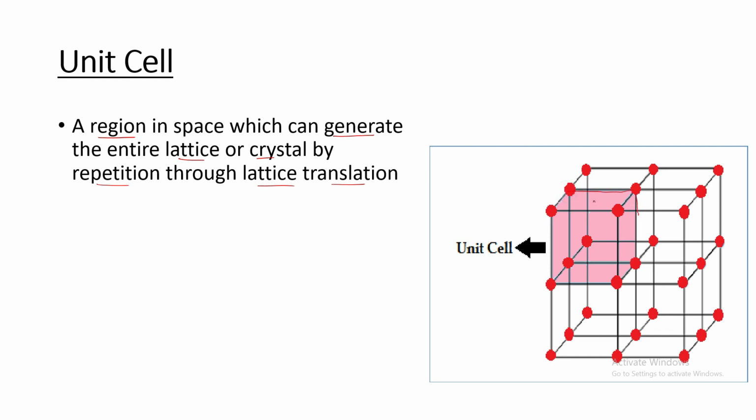By translation, you can make this entire crystal. You can generate the entire crystal by using this unit cell by lattice translation. If you just move this unit cell here, you find another unit cell. This is how this entire crystal is made. So this is the definition of a unit cell.